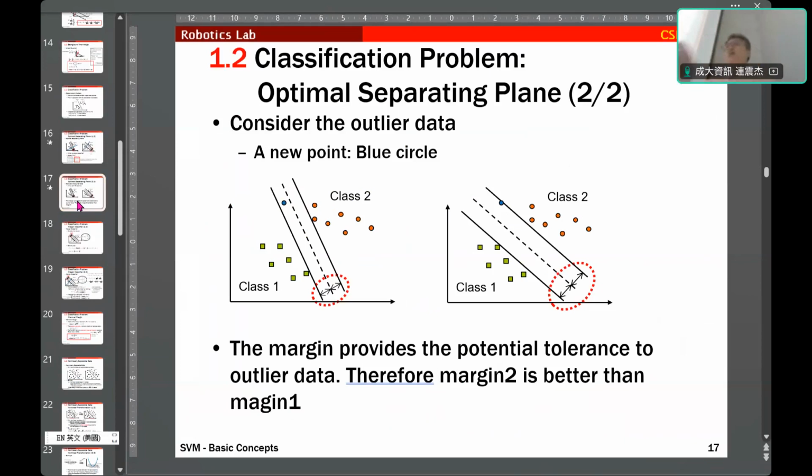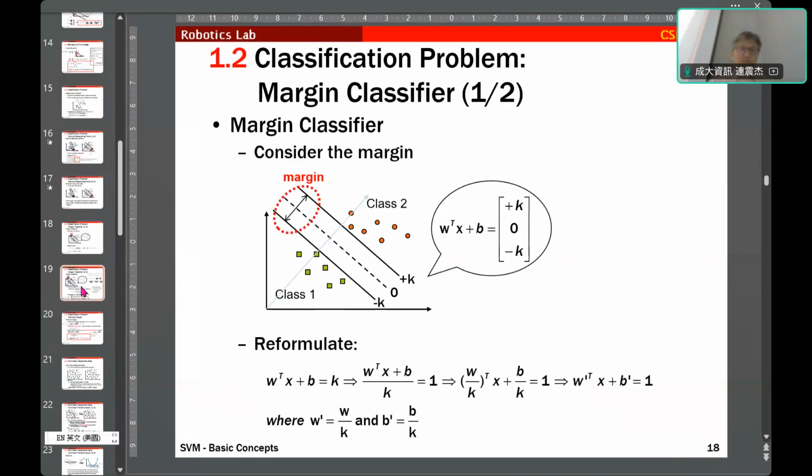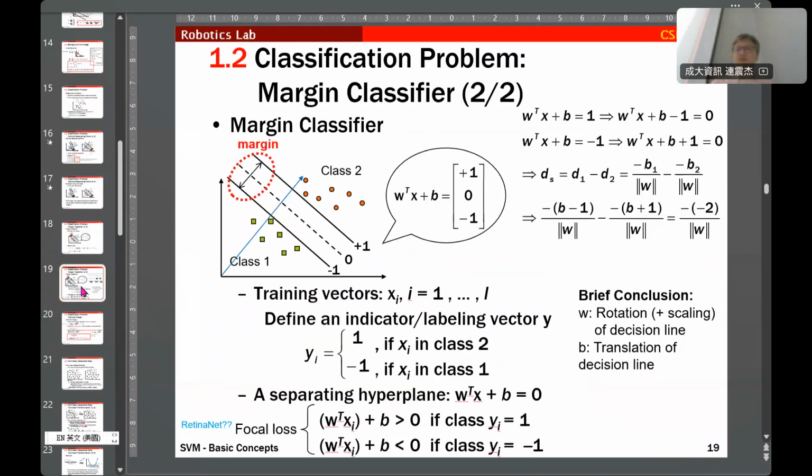You need to define the loss function. So here, how can we formulate the loss function? 就在这里。So this will be your loss function.